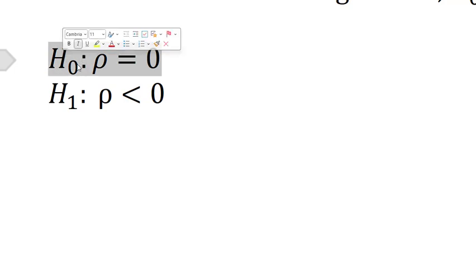And my alternative is, I think that it will be negatively correlated. It kind of makes sense for it to be negatively correlated, but I must provide evidence that this is true. So a hypothesis test is saying, is there enough evidence to reject H0? That is the whole thing a hypothesis test is. Is there enough evidence to reject H0?